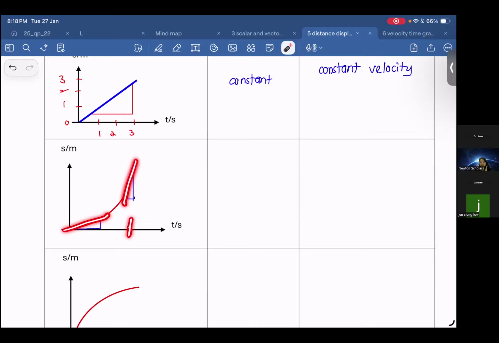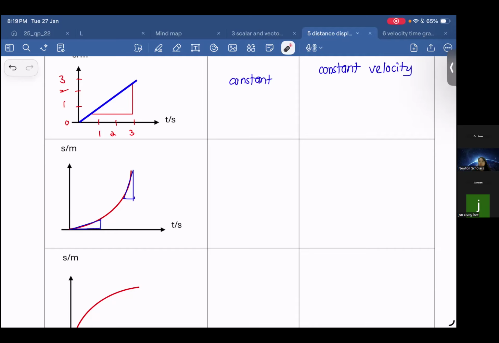This one, of course, is steeper. Can you see? This is steeper. If steeper, does it mean the gradient is increased or decreased? Here, you will find that the gradient is not constant anymore because it's not a straight line. So you calculate the gradient here and the gradient here, and it is totally different. So this is a steeper line, steeper gradient. So the gradient actually is increasing or decreasing?